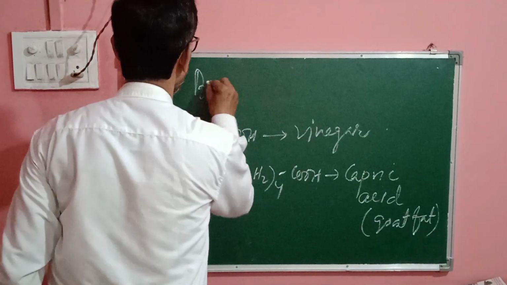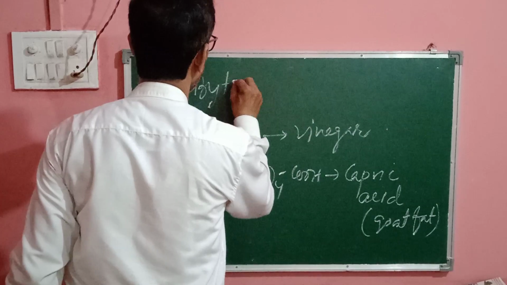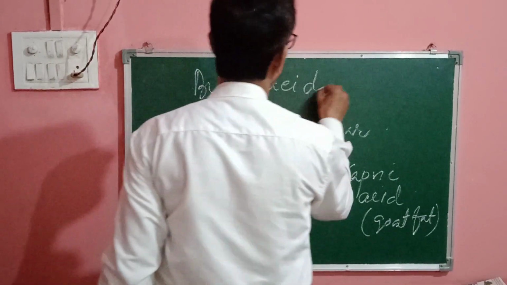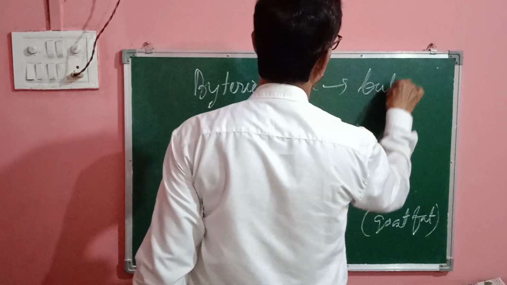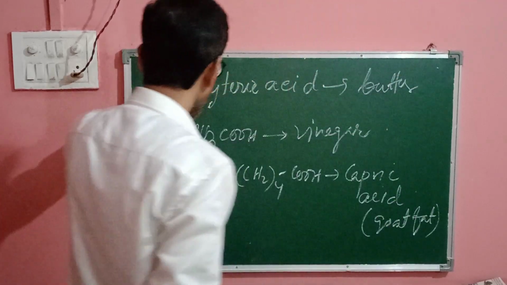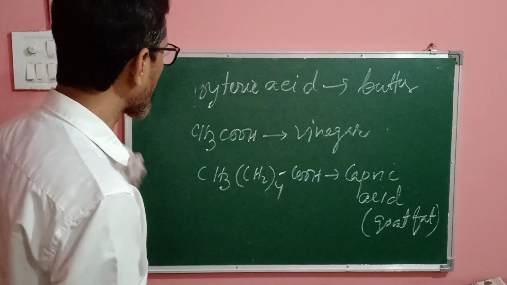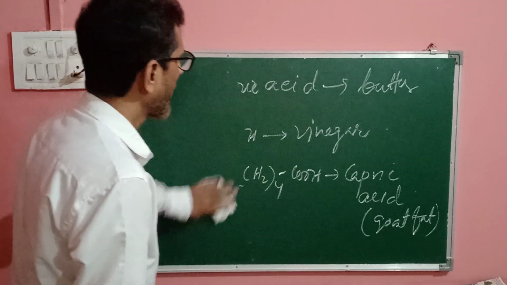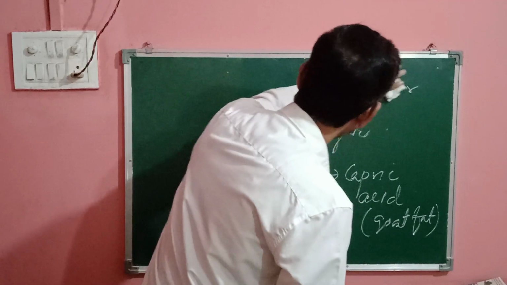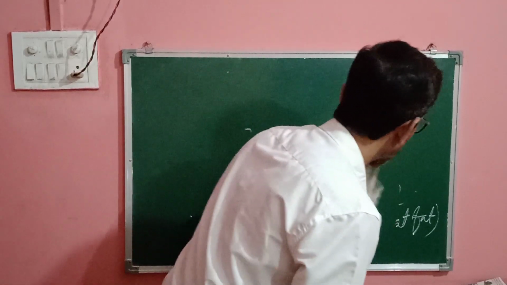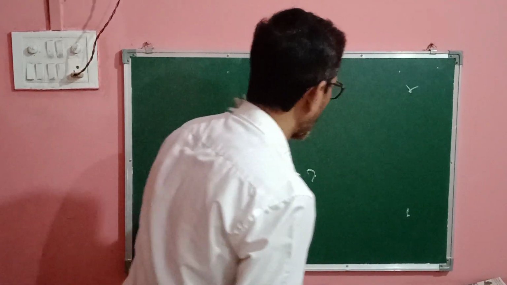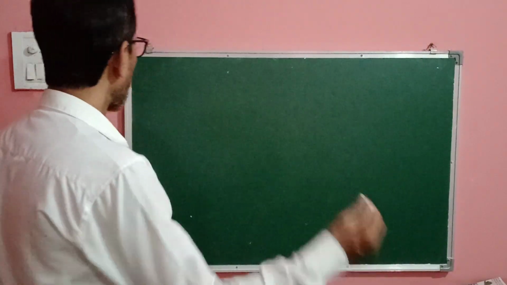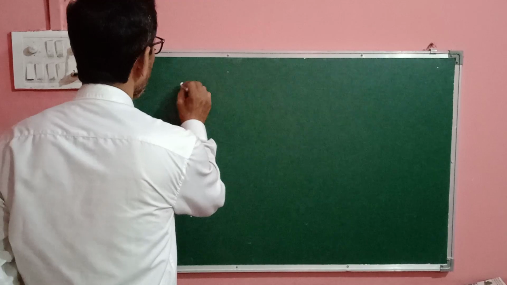Butyric acid, its source is butter. So these are some monocarboxylic acids. These are very often found in nature, from butter, from red ants, from vinegar, from goat fat.